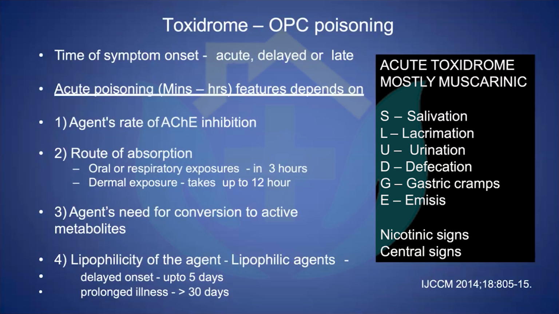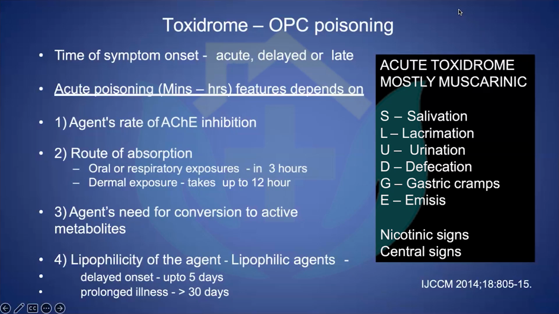Also whether the agent needs conversion to an active metabolite, and the lipophilicity of the agent: a lipophilic agent has delayed onset up to 5 days and prolonged illness of 30 days.